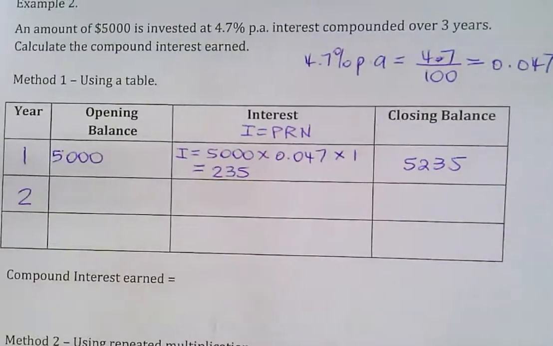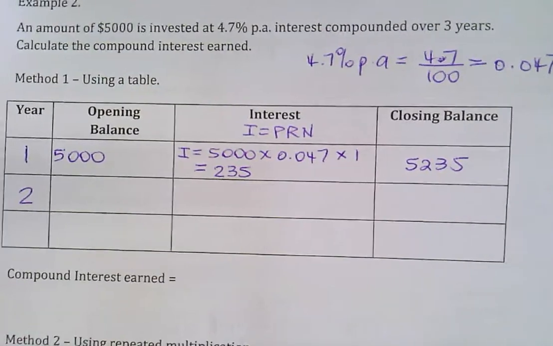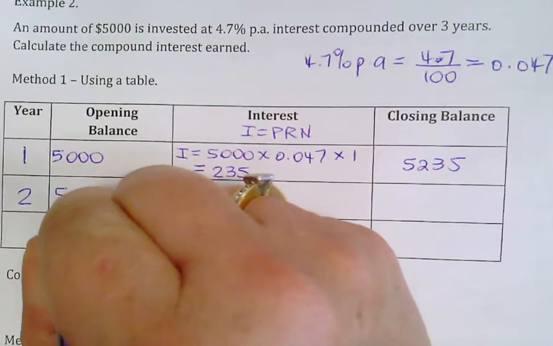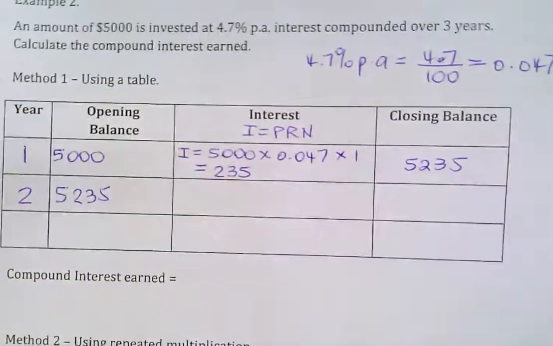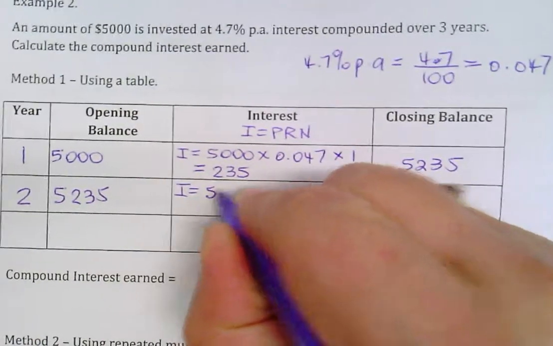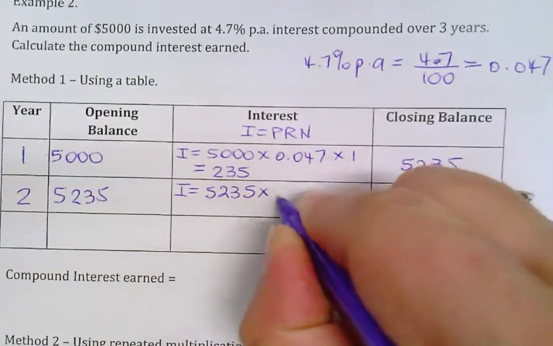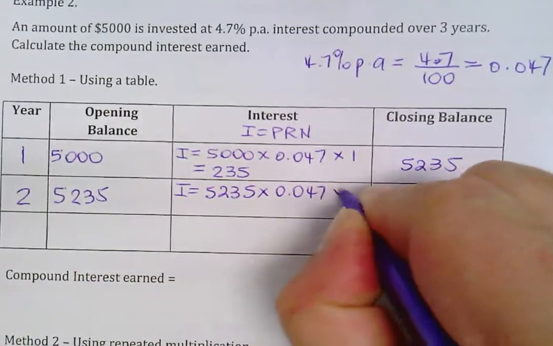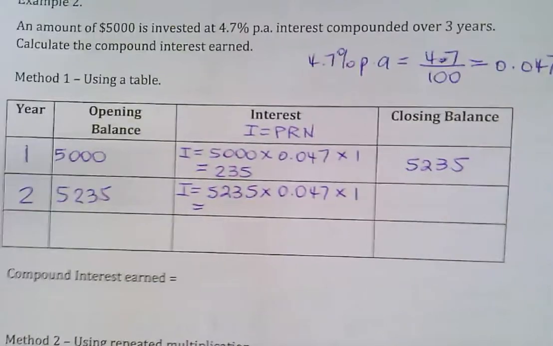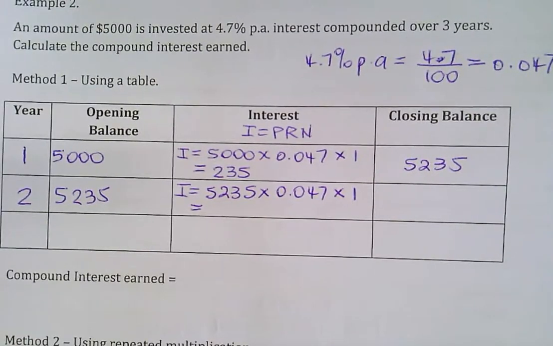Year 2, what's my opening balance? If at the end of the first year you've got $5,235, then at the beginning of the second year, you've got $5,235. Work out the new interest, which is your principal, 5235, times 0.047, times 1, because we're interested just in that second year.